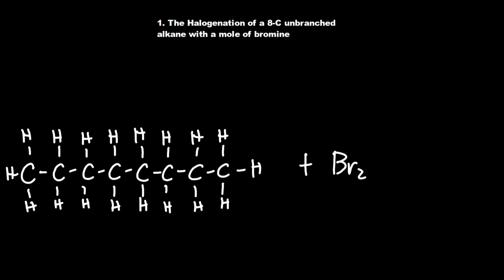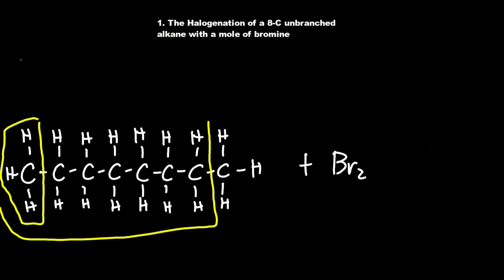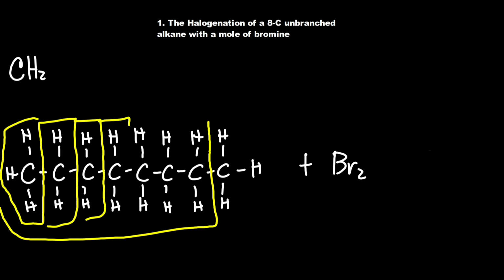But if you want for this to simplify, you can put this into its condensed structural formula form, so you don't have to draw this structure every time. So for this, let's start with the first carbon. The first carbon here has 3 hydrogen, and for the corresponding next carbon, you can see here that they each have 2 hydrogen. So what we have here next would be 1, 2, 3, 4, 5, 6 carbon that each has 2 hydrogen.